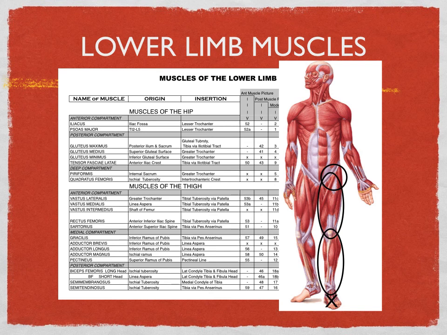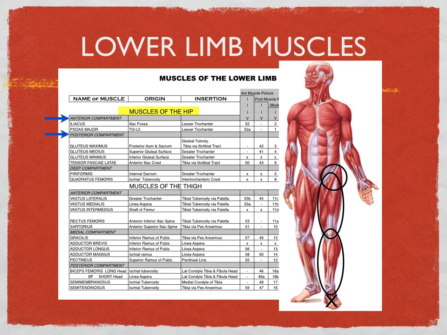Here are the muscles of the hip, and notice that they are in 3 compartments: an anterior compartment, muscles that would be right where that circle is in the picture; a posterior compartment, 4 muscles in the back, one of which you probably already know, the first one on the list, gluteus maximus.